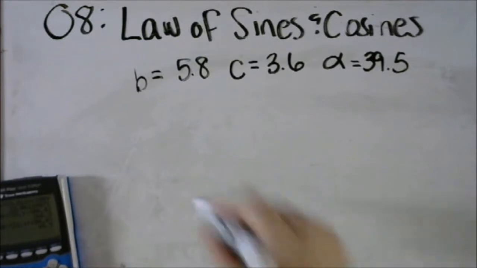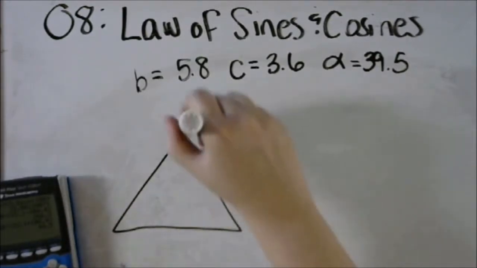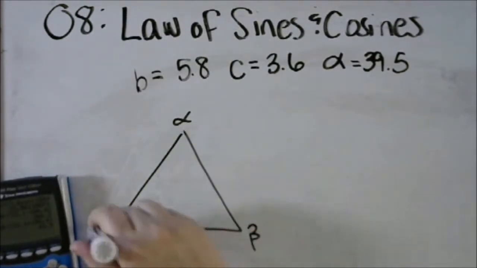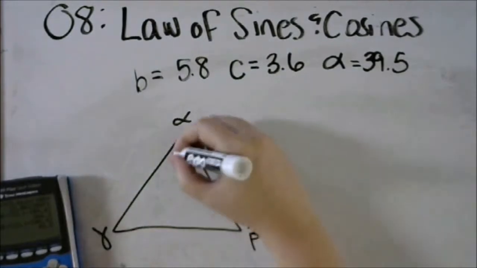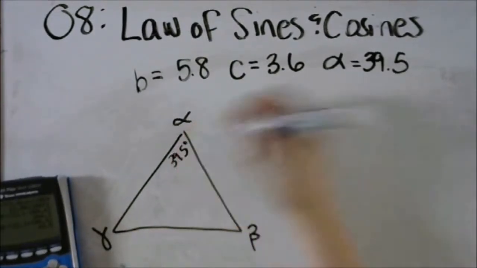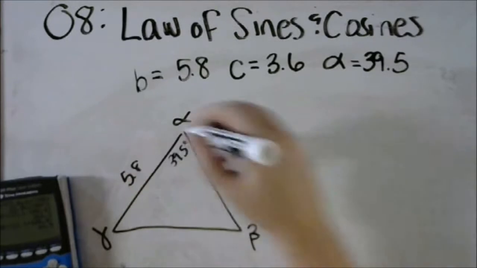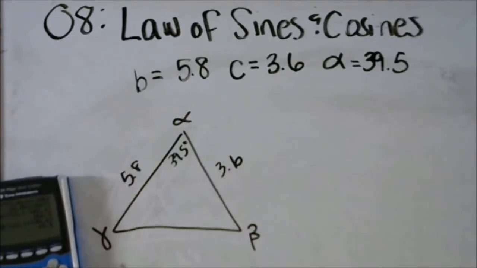Let's solve this triangle. Alpha, beta, gamma, 39.5 degrees, 5.8, 3.6.